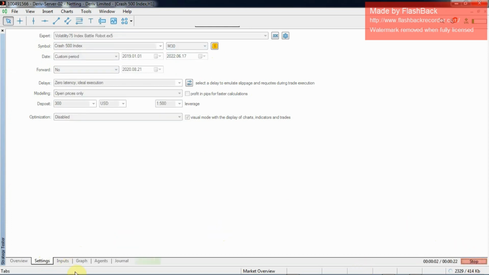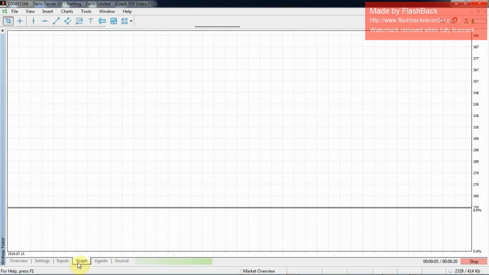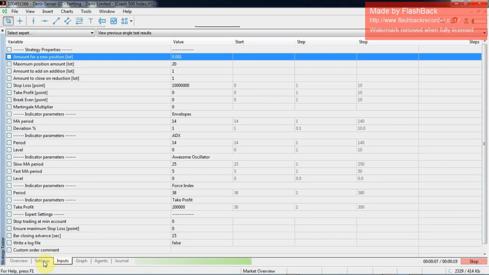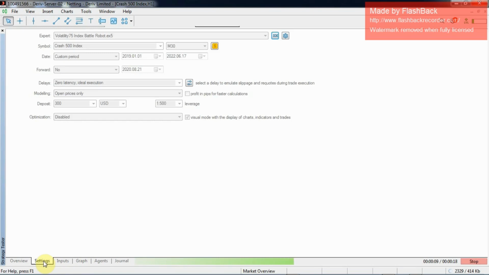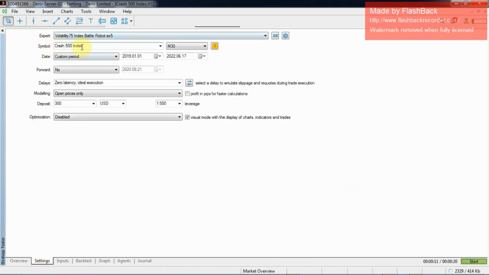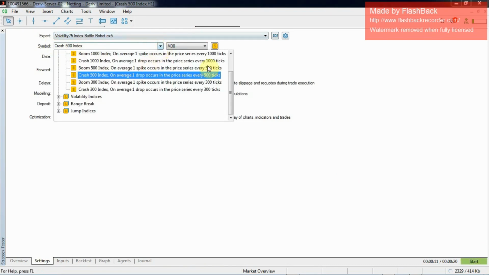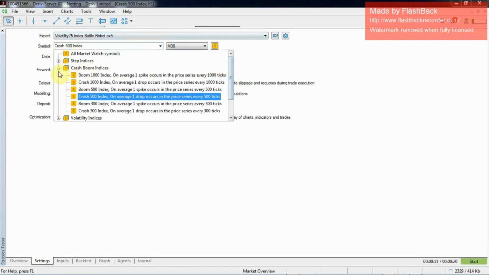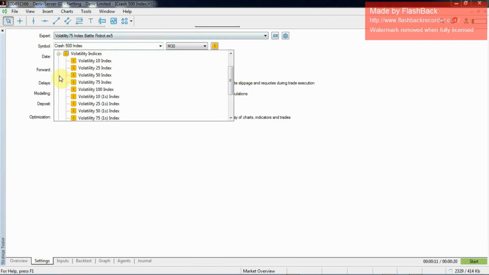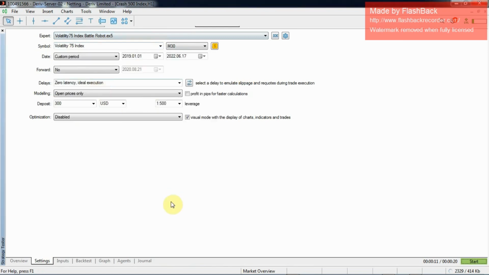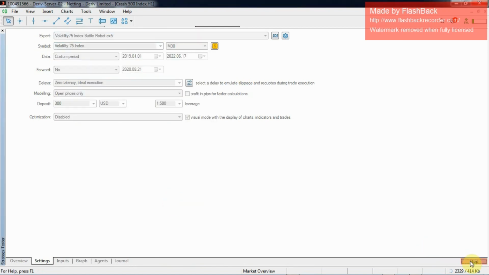This is the VOT 75 index battle robot. It trades the 30 minutes chart. Okay, I forgot to change to Volatility 75. Sorry. Okay, let's run the back test.